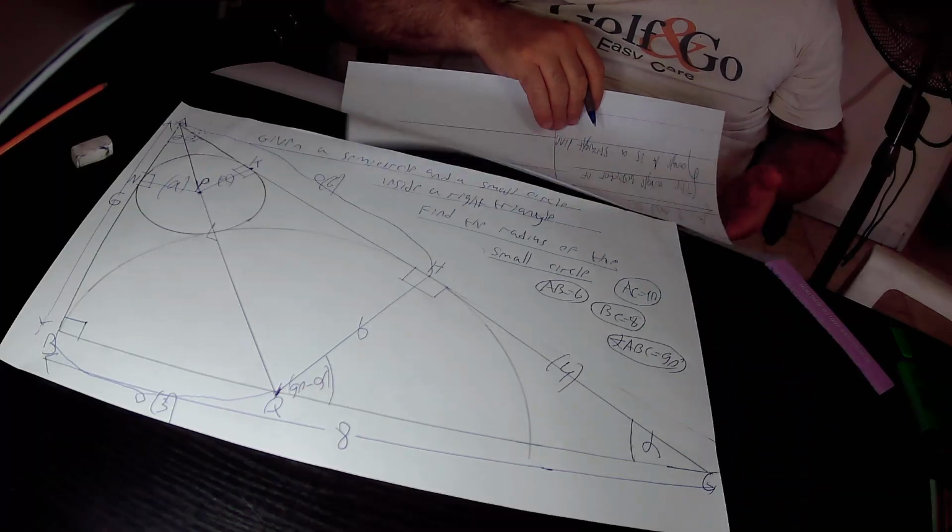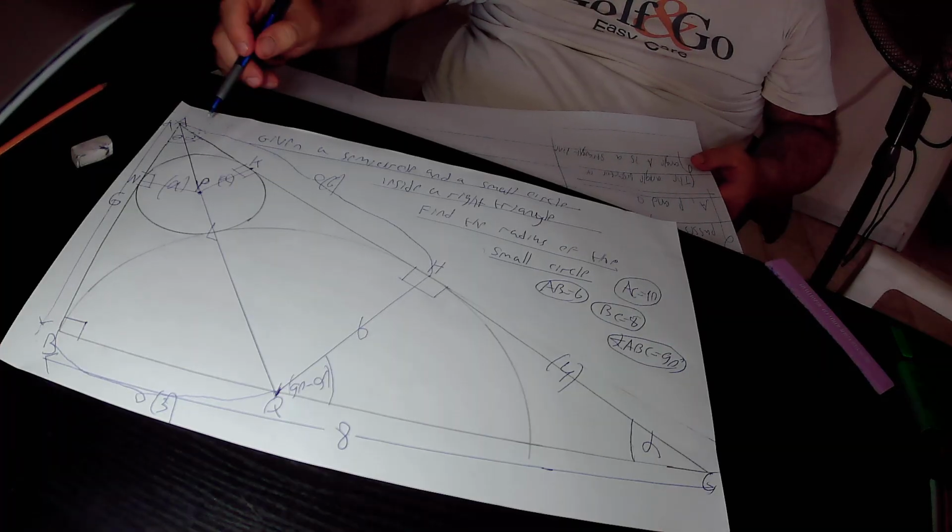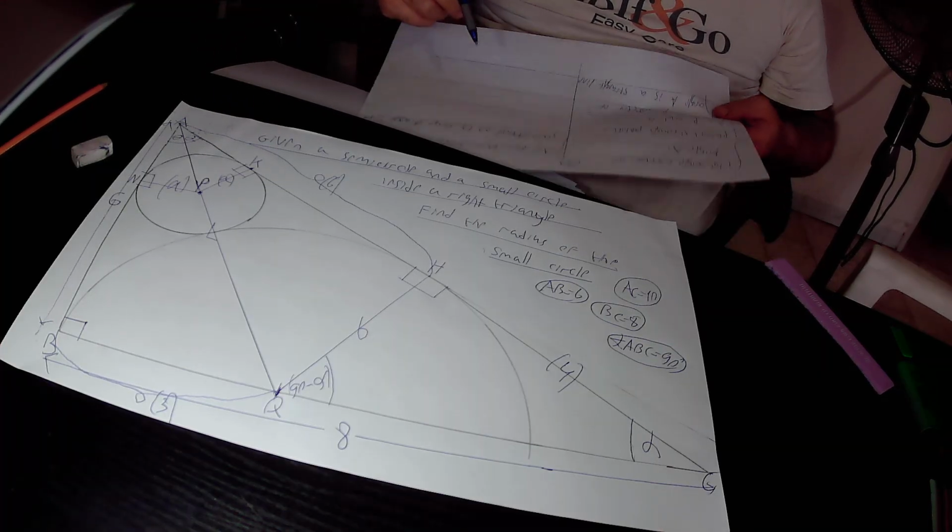And the straight line is of course the angle bisector of angle A. Again, the straight line is the angle bisector of angle A.